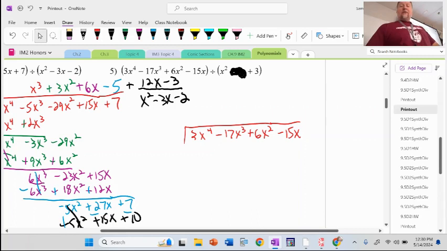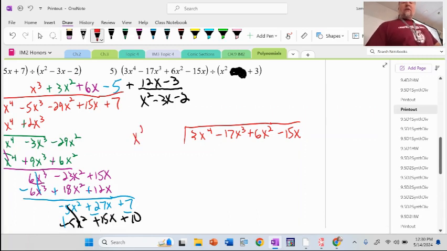I'll say x squared plus 3. You have to account for missing terms here because you want your positions separated. As a matter of fact, put plus 0 here because we are missing the constant, so you know your positions of how far this is going to go.